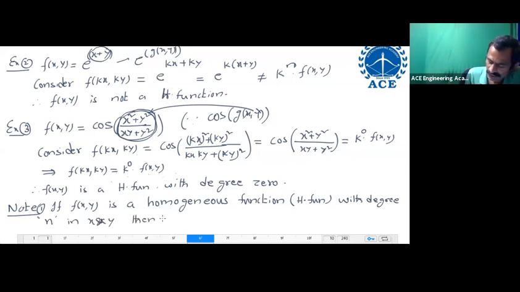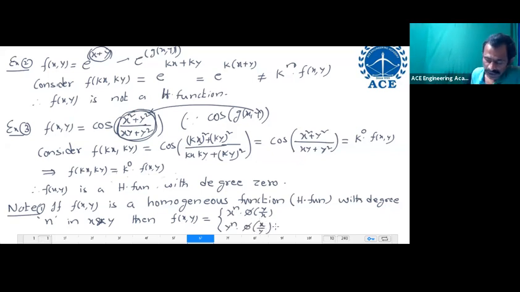Then we can write this f of x comma y in 2 ways, like this: x power n into phi of y by x, or y power n into phi of x by y.